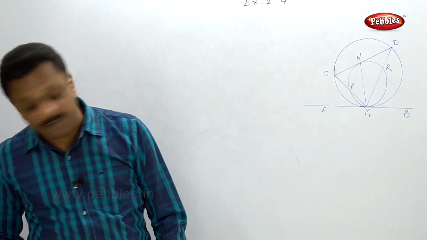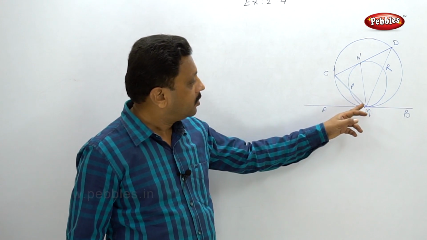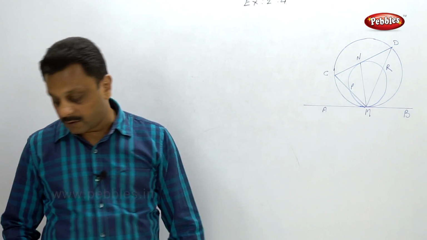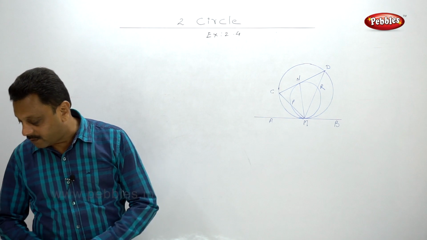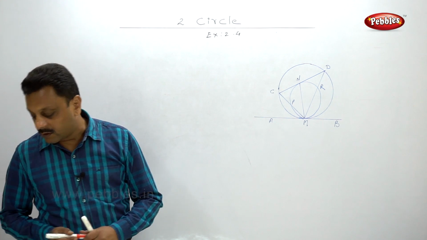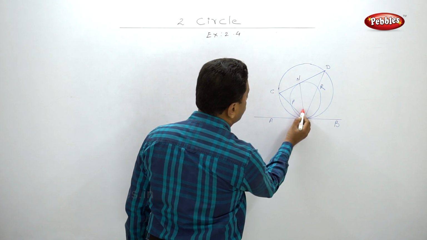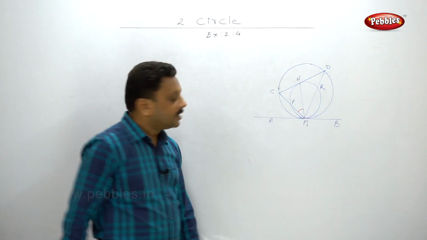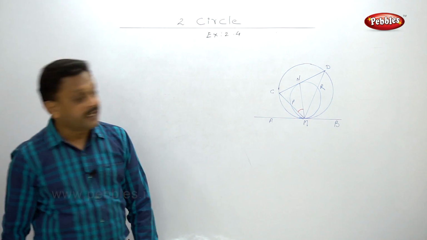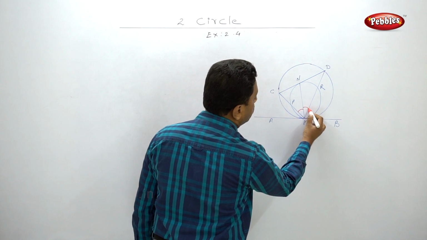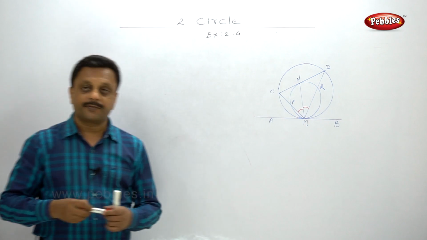Chords CM and DM are of the bigger circle. Prove that angle CMN, let us mark it out, is equal to angle DMN. We have to prove this.